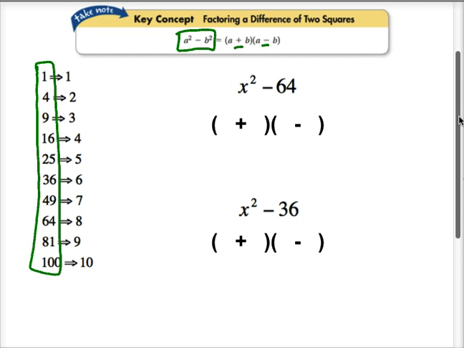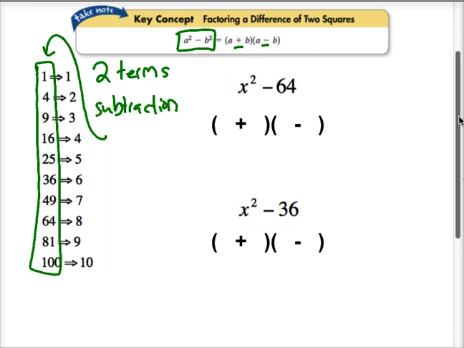You're looking for there to be two terms. You need subtraction and these numbers. Okay, so those are kind of the key things to be looking for in a difference of squares.